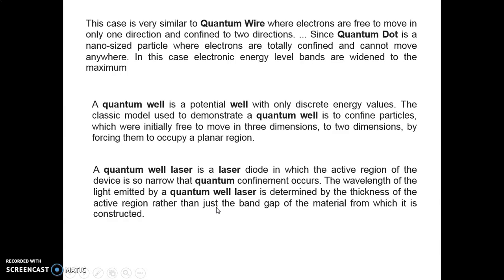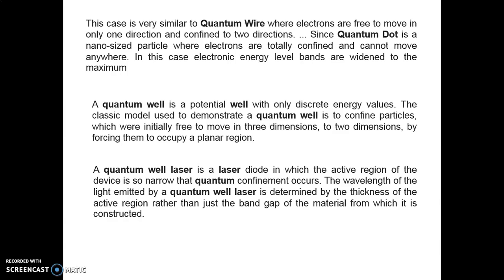This case is very similar to a quantum wire, where the electrons are free to move in only one direction and confined in the other two directions. Whereas a quantum dot is a nano-sized particle where electrons are totally confined and cannot move anywhere.